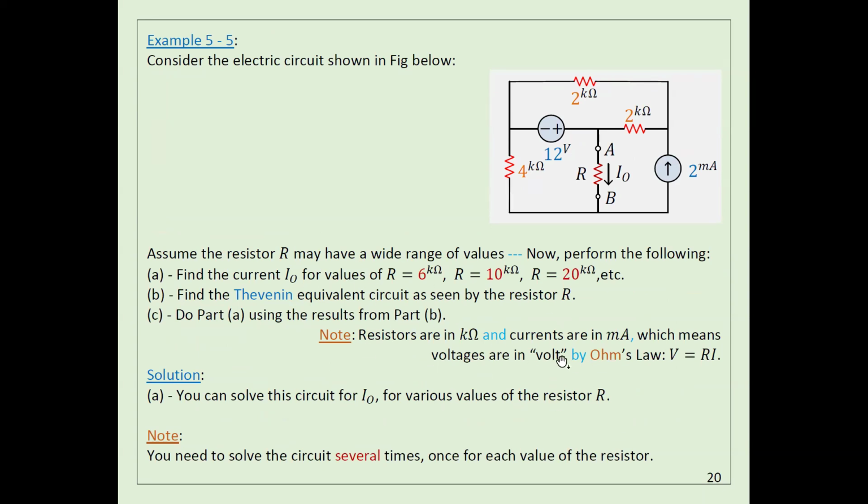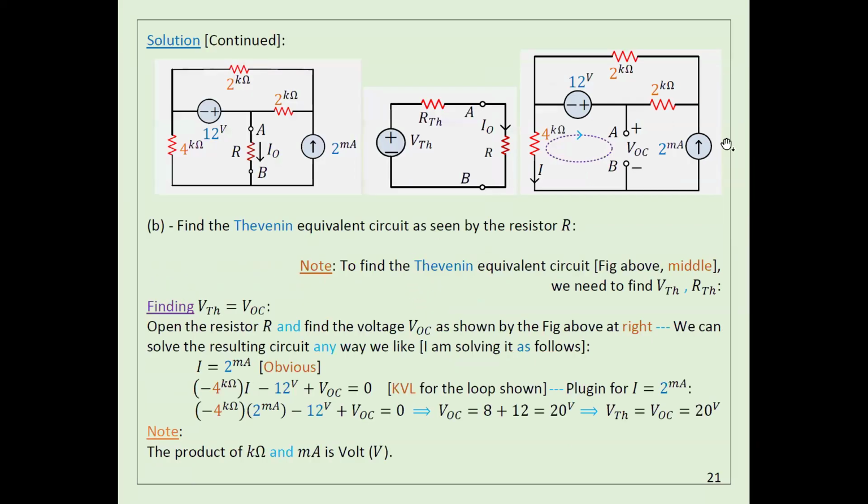That's why it's not required to calculate I Norton. If I asked you to calculate I Norton, then once you have V Thevenin and I Norton, you can get the resistance. But now, because I just need Thevenin, you don't need to calculate I Norton.